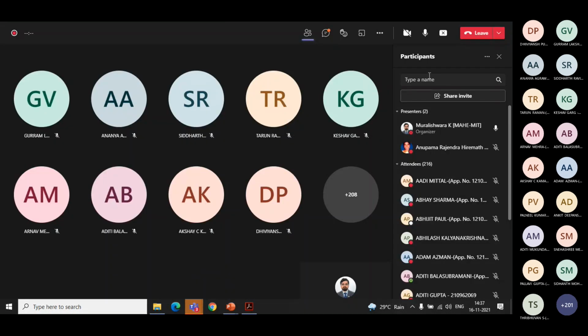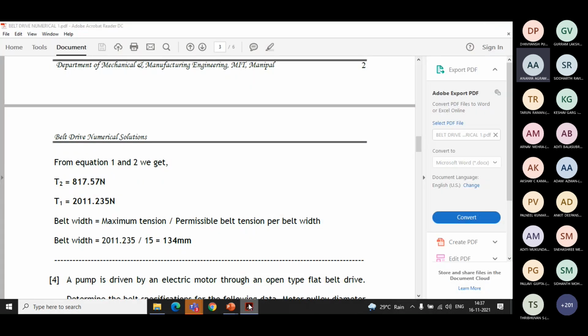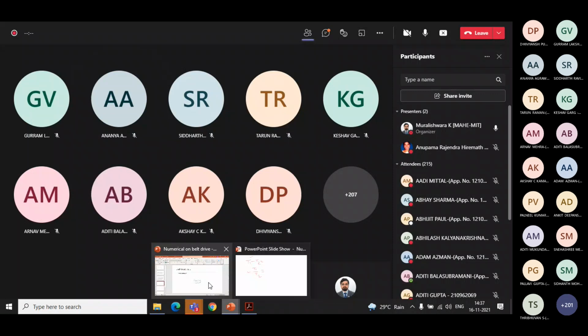Ananya? Yes, sir. I'm trying to solve. I'm obtaining T1 minus T2 through the equation of P, then T1 by T2 using e to the power mu theta. Fine, you tell me the values. I'm waiting for your answer.